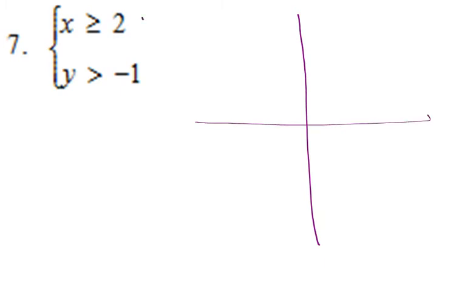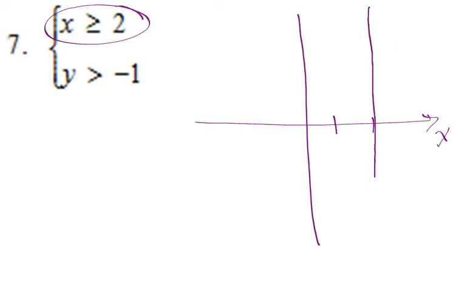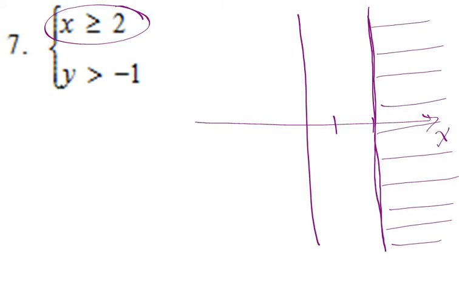If x is greater than or equal to positive 2, we're going to go to our x-intercept and draw a line through 2, right there. And it's a solid line because it's also equal to 2. And it's greater than, so we're shading above.